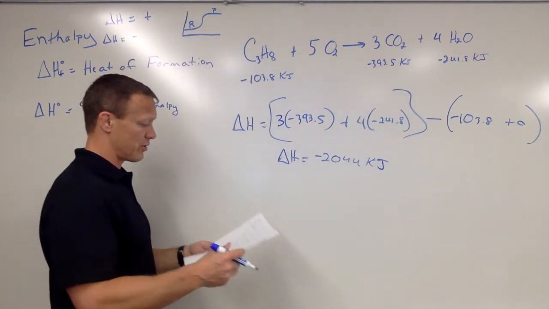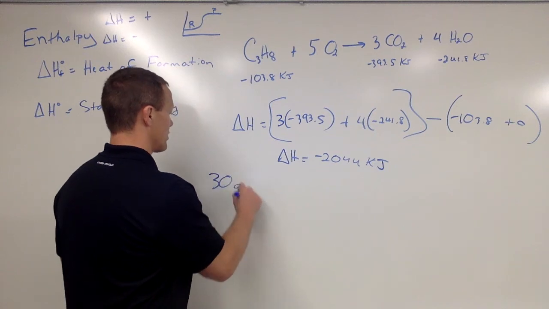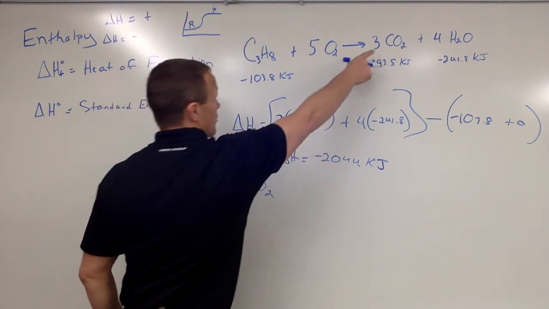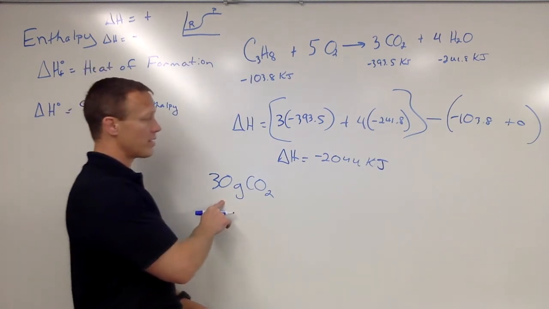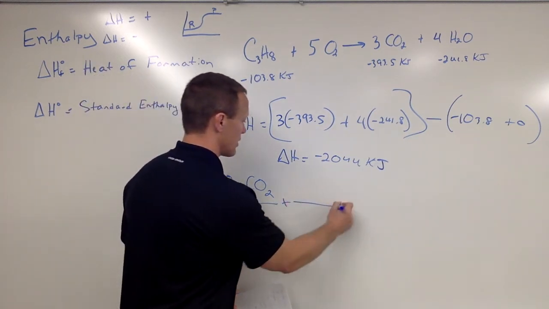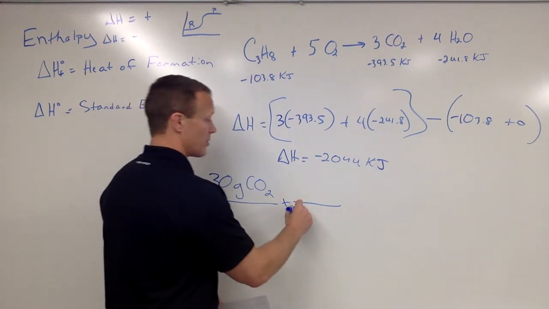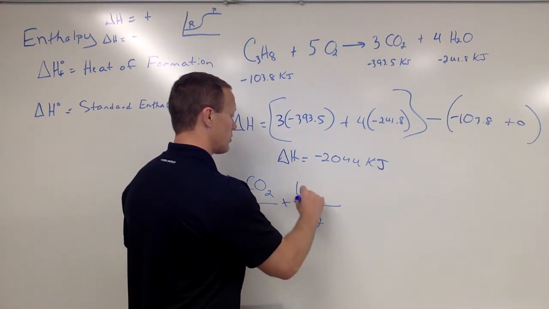So if we did a stoichiometry question, if I said, okay, we have 30 grams of carbon dioxide that were made in the reaction, I want to know how much heat was released. If 30 grams of carbon dioxide was made, how much heat was released? So we're going to say carbon dioxide is 44 grams per mole.